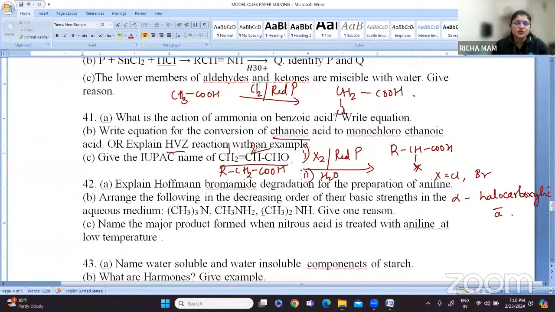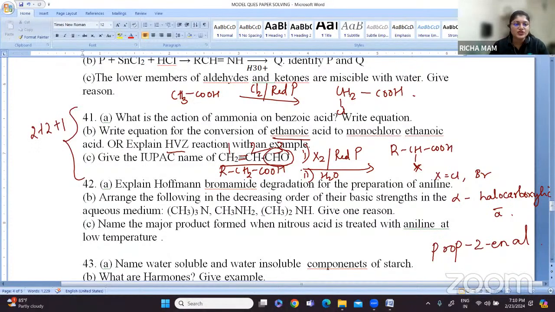So it is prop-2-en-al. Prop-2-en-al. 'en' is because of the double bond and 'al' is for the aldehyde group. So this is again 2 plus 2 plus 1.